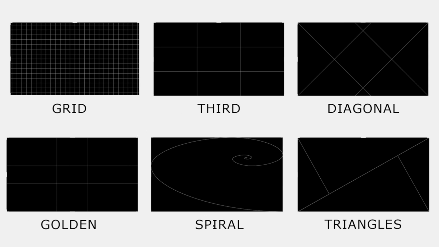The last one is the spiral, which I really like because it leads the viewer to your main object. Say you have a planet right here. You can use, for example, asteroids placed along the way to lead the viewer to your object.